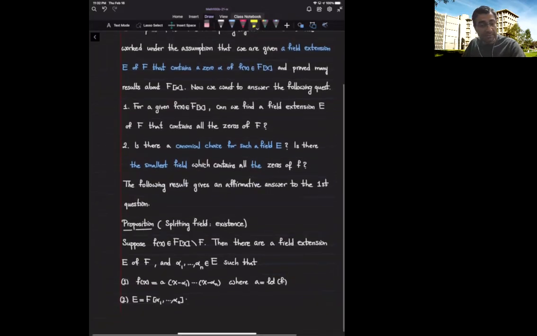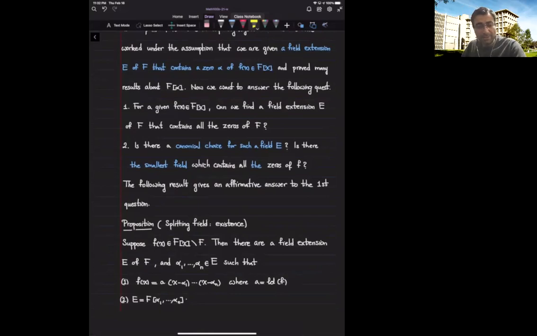So in some sense, we are going to give a smallest field with the property that all the zeros of this polynomial belong to this field. We have to prove later that this is in fact, in a certain sense, the smallest field that contains all the zeros of F. Of course, we can change the names and so on.